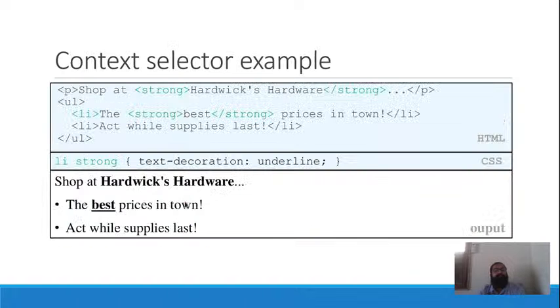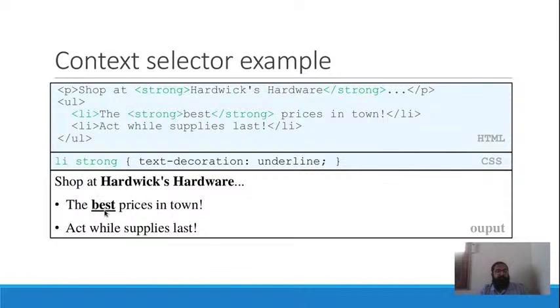Okay, so here you can have the CSS like li strong text-decoration underline. So if you have a list entry, and you have a strong inside an li, then you will apply the underline.